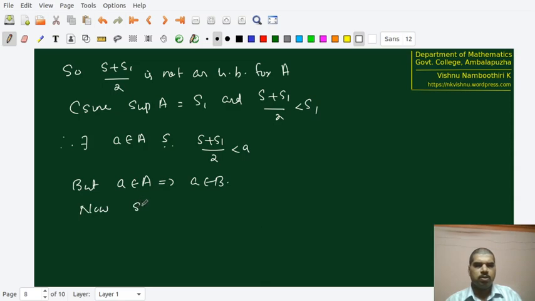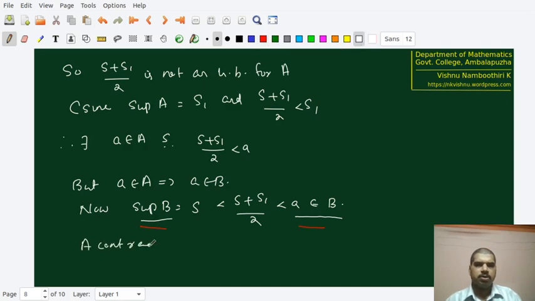Now, the supremum of B is S, and S is less than (S plus S1)/2, but we are getting this to be less than a, and a belongs to B. So we get a contradiction: the supremum of B is less than an element in B. It's a contradiction since we are getting an element greater than the supremum, and therefore what we assumed must be wrong.